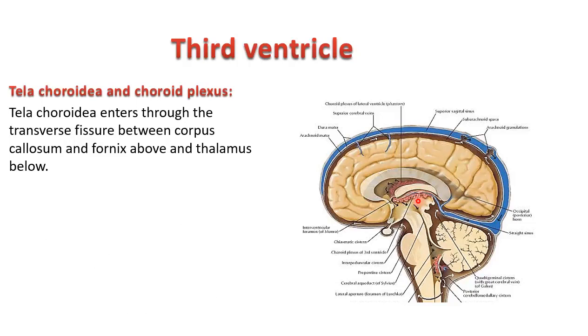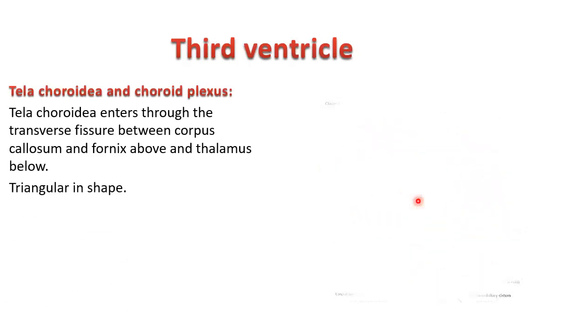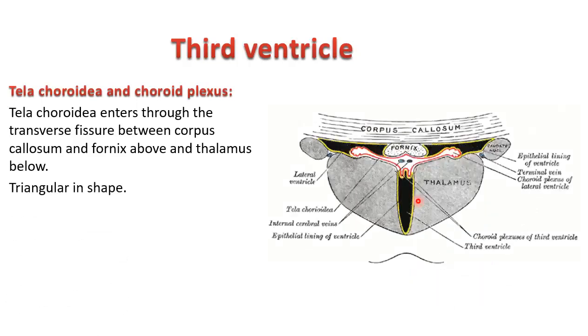It is somewhat triangular in shape, with two lateral ends and one medial end, which projects in the midline. The lateral parts go to the lateral ventricle, and the medial midline part projects into the third ventricle. So that is about the tela choroidea and the choroid plexus.